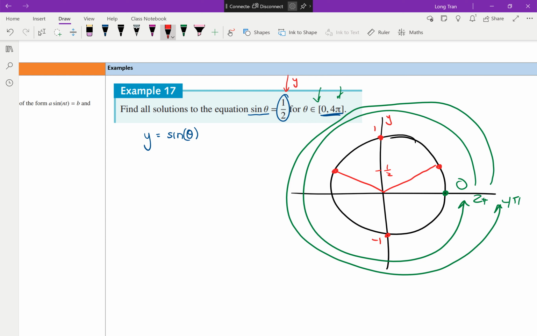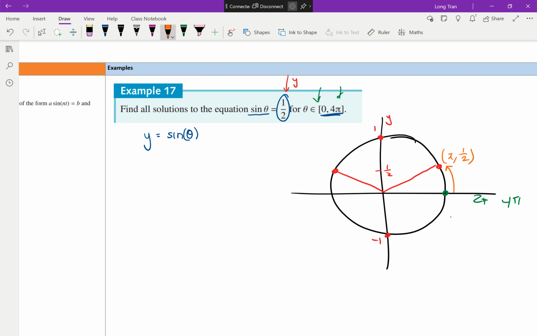Okay, so this is what I want you to think about. I'm going to draw the circle again. We're going to start off at 0. Starting off at 0, when I move up, can you see I hit half? I don't know what the x is, but I know the angle, so whatever the angle is, I know the y value is half.